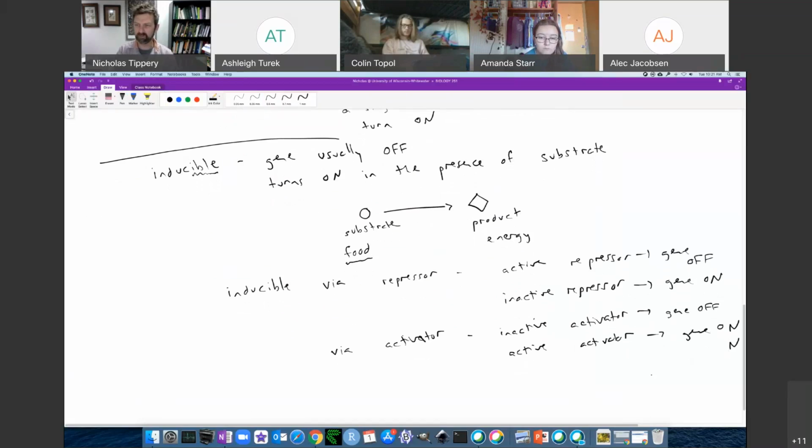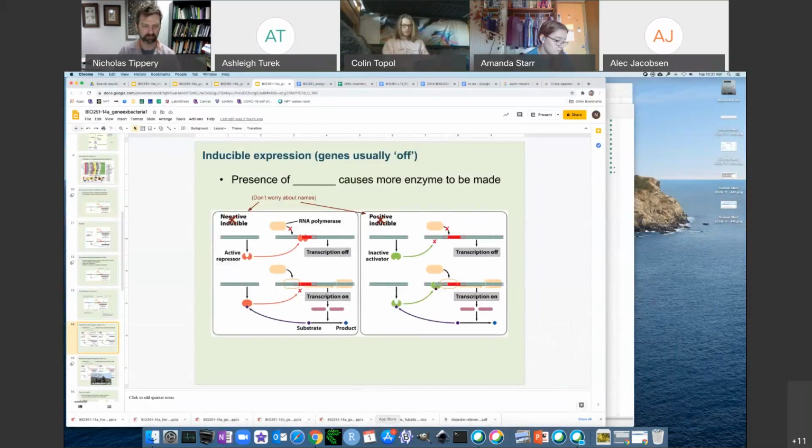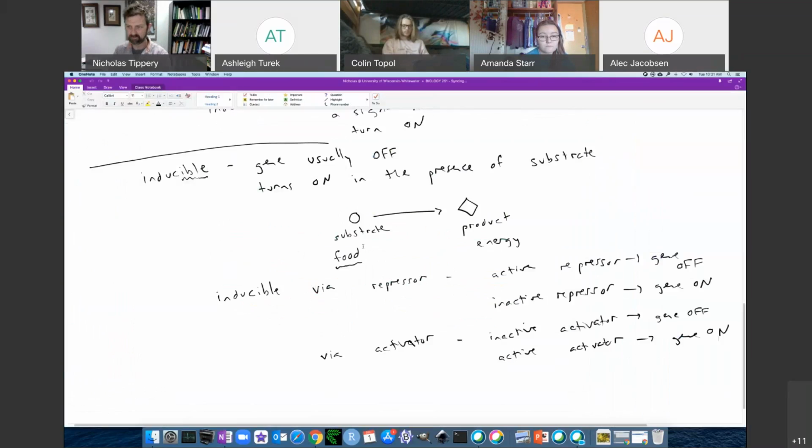If you want a different way to think about this, I like to simplify these sometimes. If you think about them as just positives and negatives, so active is a positive, repressing is a negative, then if you multiply a positive by a negative, you get a negative number, right?